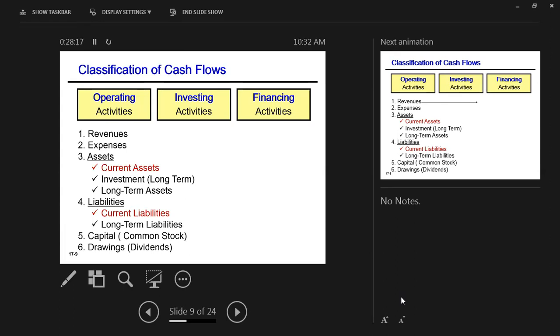So you will find this information in the question. But when we are going to solve this, we have to make them classification, right? Some items will go to the operating activities, some items will go to the investing, and some items will go to the financing activities. And if you mix them together, if you don't know which one is which activities, you have a mistake and you will lose your grade.